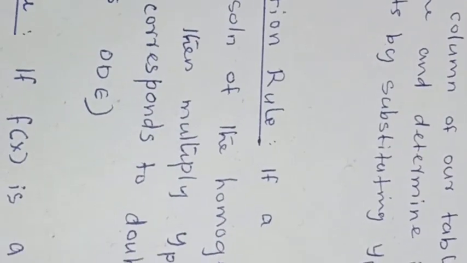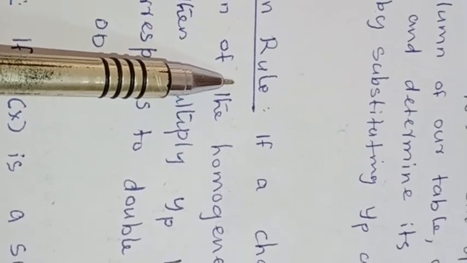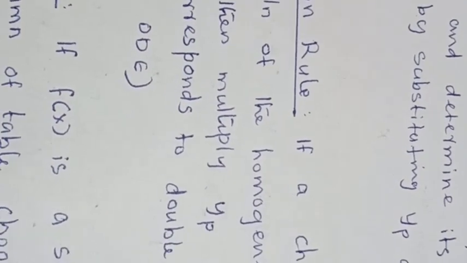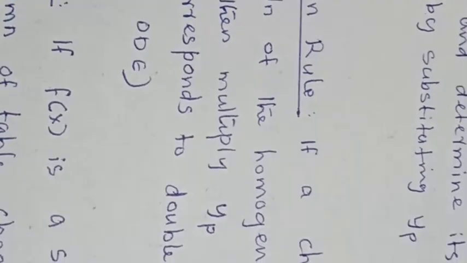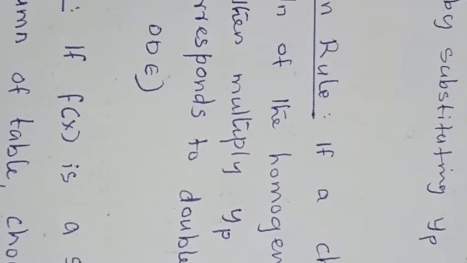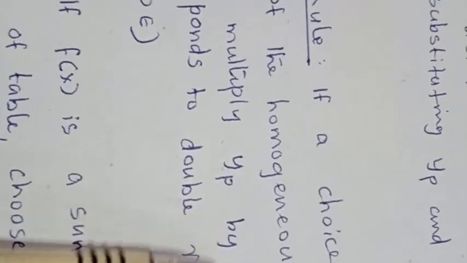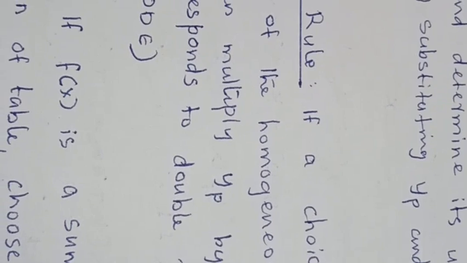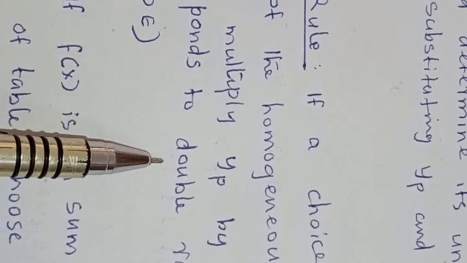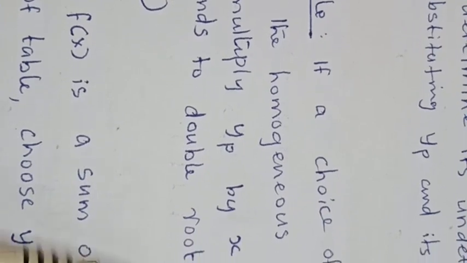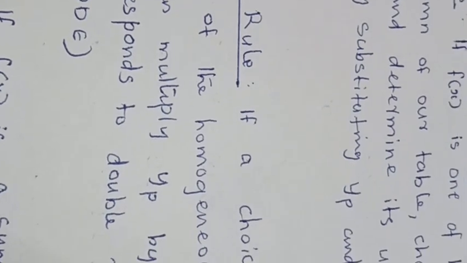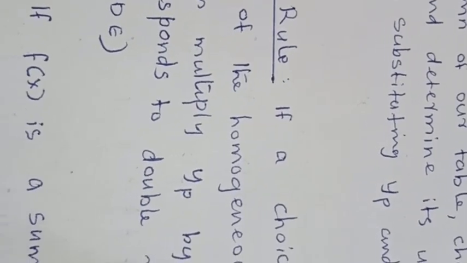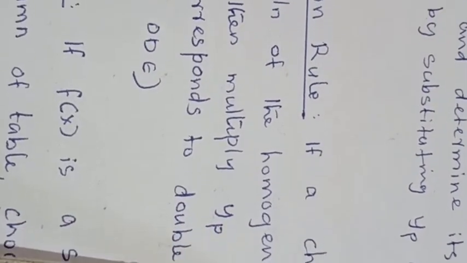Now the second rule is the modification rule. If a choice of yp happens to be a solution of the corresponding homogeneous differential equation, then multiply yp by x, or by x square if the solution corresponds to a double root of the auxiliary equation of the homogeneous ODE. That means suppose from the table we selected yp, and it is one of the terms in our complementary function.